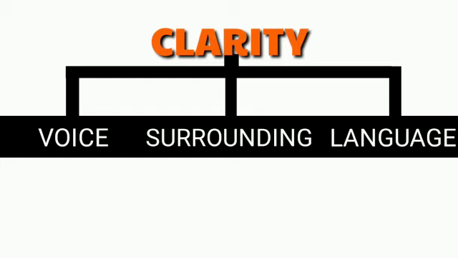The voice of an individual should sound very clear, while the surrounding should not be noisy, which may create some obstacles for the listener to receive the message. While the third one is the language. The language of an individual should be very clear, thereby containing no jargon that may create any difficulty for the listener to understand and inherit the matter.